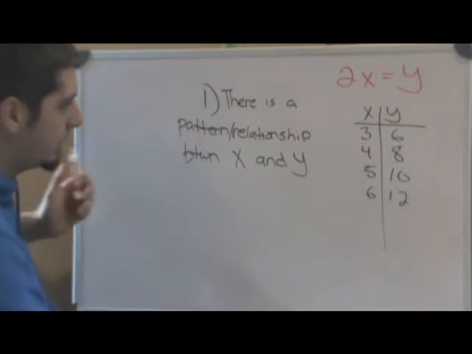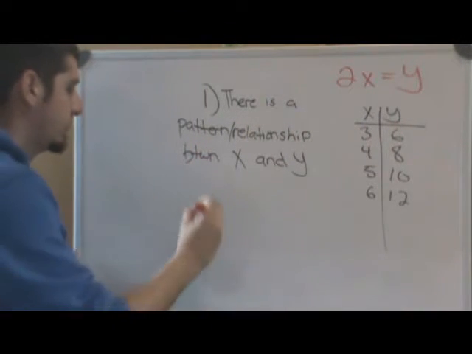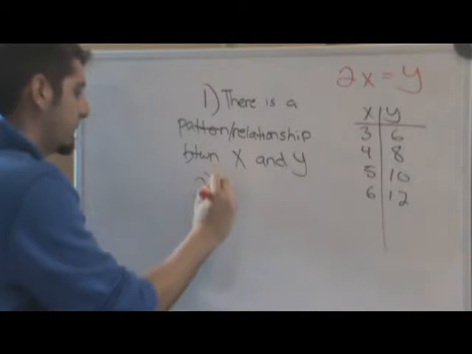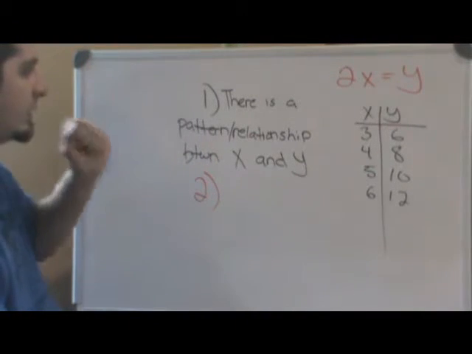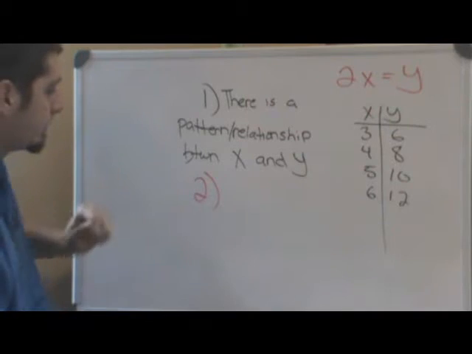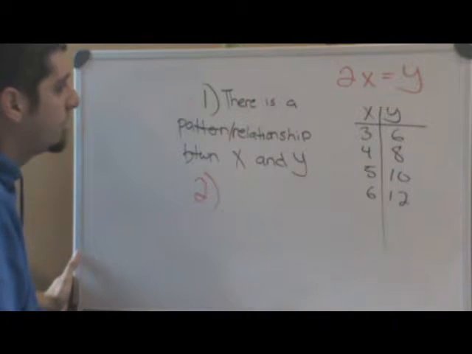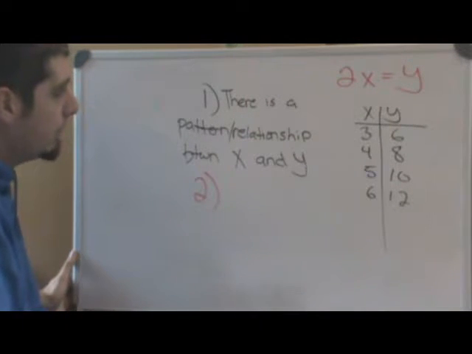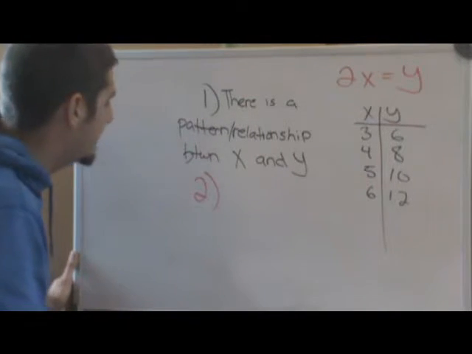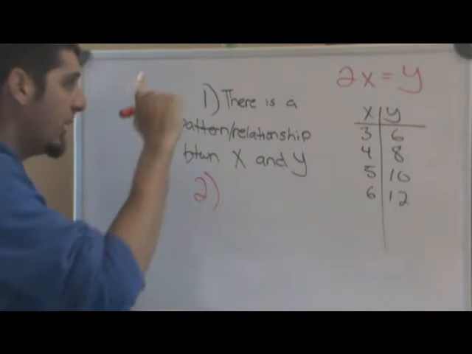So what's another way that we can identify a function? Another way to identify a function by looking at its table or list of ordered pairs is to check the domain.